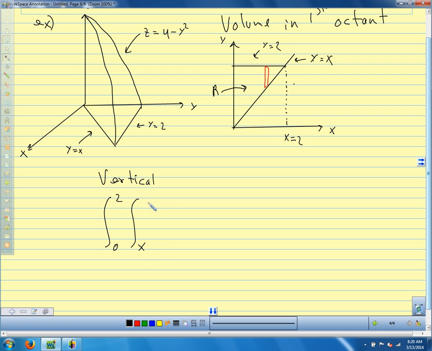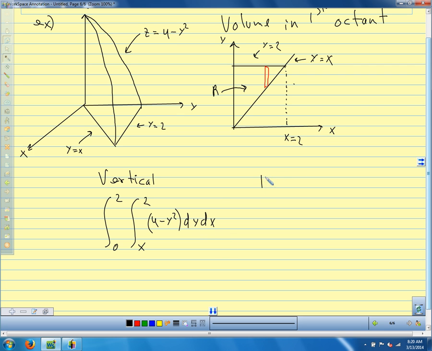From x to 2. And my function is 4 minus y squared, dy dx. Is that integral going to be easy or hard? That one's pretty easy. We'll just end up with a polynomial.